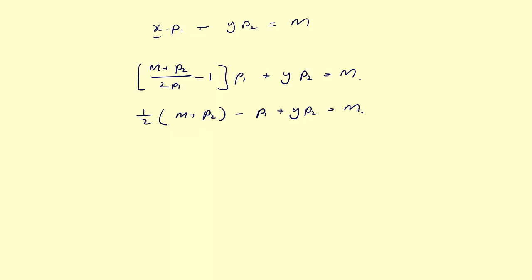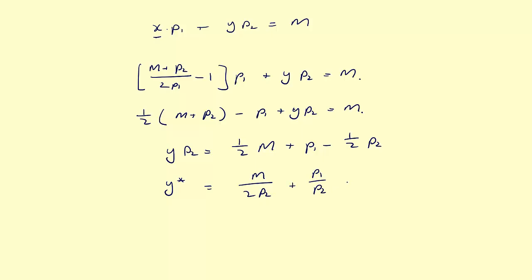Collecting all the constant values over on the right hand side, we'll have y p2 is equal to a half m, subtracting a half there away, plus p1 minus a half p2. Divide through by p2, we'll have y star is equal to m on 2p2 plus p1 on p2 minus a half.